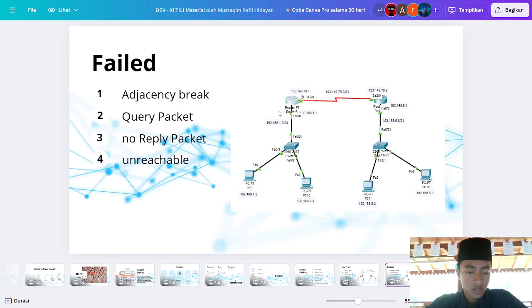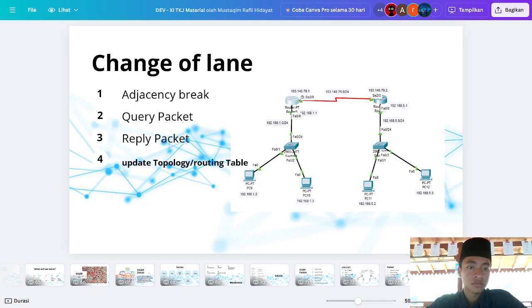Once that happens, it will send a query packet. When there is no reply packet, the route becomes unreachable. When the reply packet is unreachable, it will update the topology or routing table. So how does it work? For example, if there are 3 routers and you want to connect to a router here, you are going to use the other line.